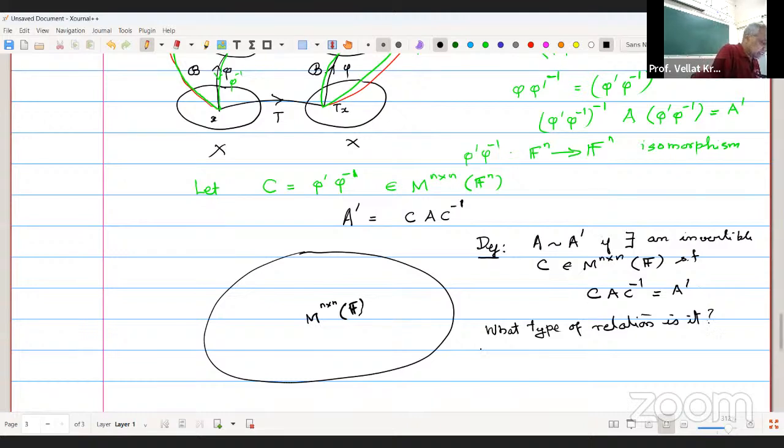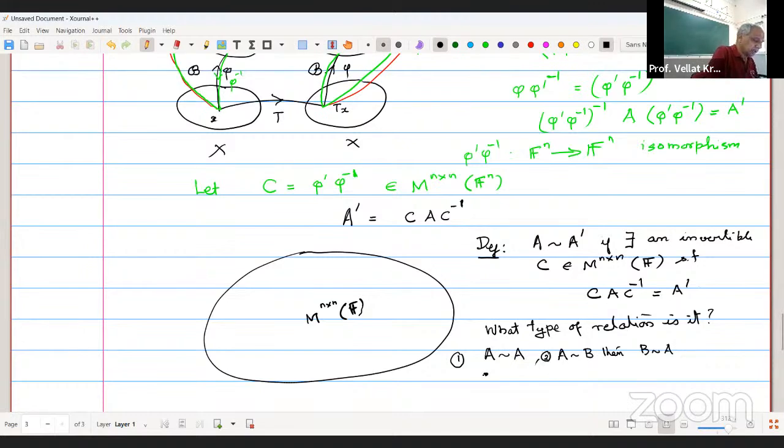You see that A is related to A. All that you need is to choose I as your C. Then, if A is related to B, then B is related to A. If C is the one that relates A and B, then the one that relates B to A is C inverse. That is the second property.